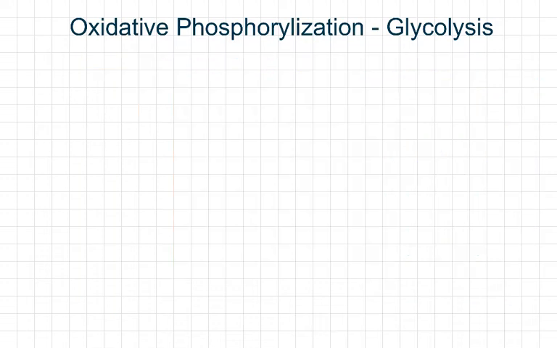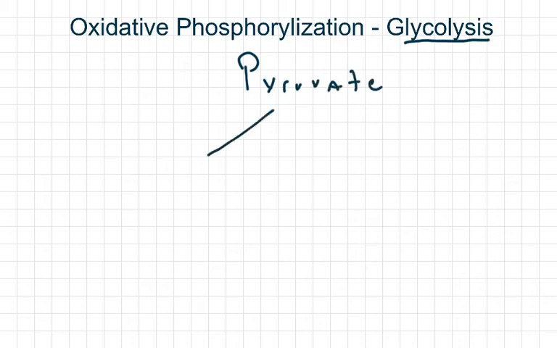So far in our review of glycolysis, there's been no difference between the glycolytic pathway in the absence of oxygen or in the presence of oxygen. This becomes important at the step of the creation of pyruvate. At this point, we have two different things that can occur.